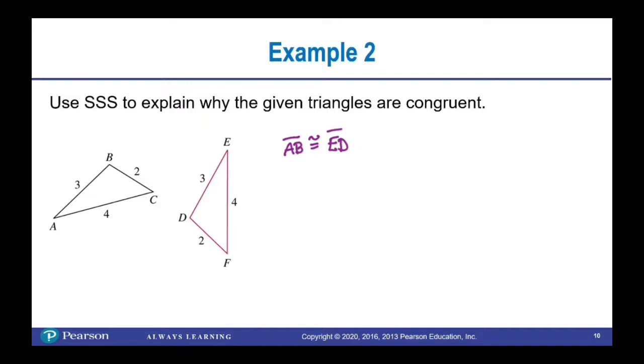Now notice that A and E match, and so I named those in the same order, and B and D match. Let's look at my next side. Side BC is congruent to side DF. Again, matching pieces are named in the same order. Notice the line segment symbol above my letters. And then last, side AC is congruent to side EF. So we have side, side, side.